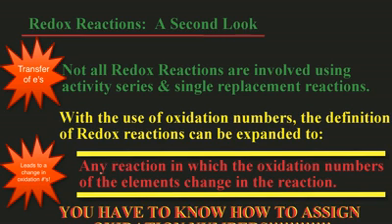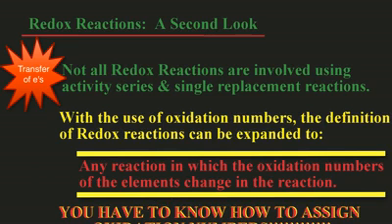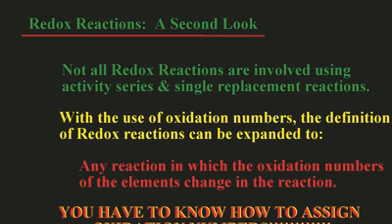And any reaction in which we have a change in the oxidation numbers for the individual elements is known as a redox reaction from now on. All right? It's a more comprehensive definition.